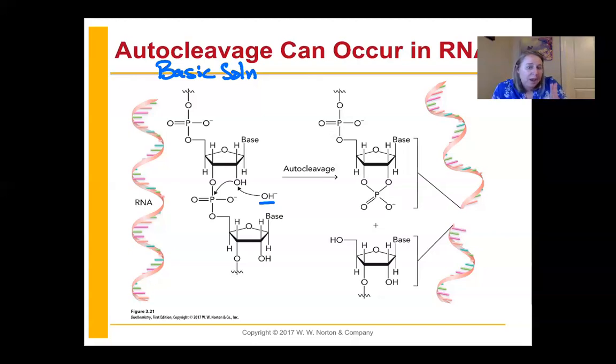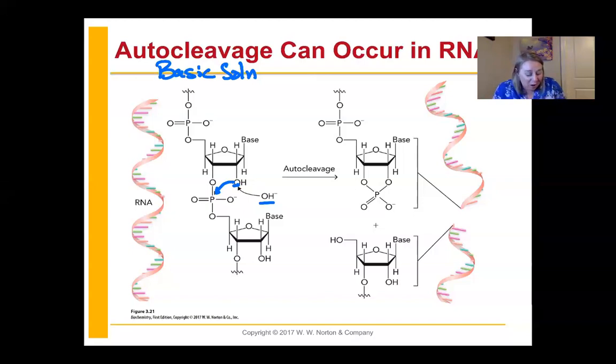When it does that, this oxygen undergoes nucleophilic attack on our phosphate. What happens there is that it's going to break the phosphate backbone, creating a break in the phosphodiester bond.